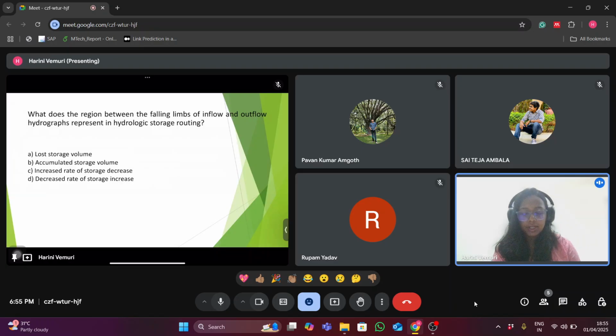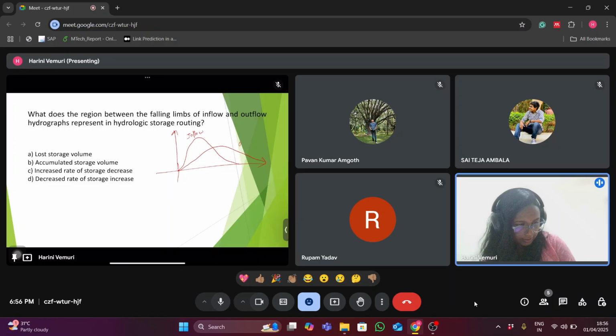The next question is, what does the region between the falling limb of inflow and outflow hydrograph represent in hydrologic storage routing? Option A, lost storage volume. Option B, accumulated storage volume. Option C, increased rate of storage decrease. Option D is a decreased rate of storage increase. So if you remember, we have drawn the inflow hydrograph and outflow hydrograph like this.